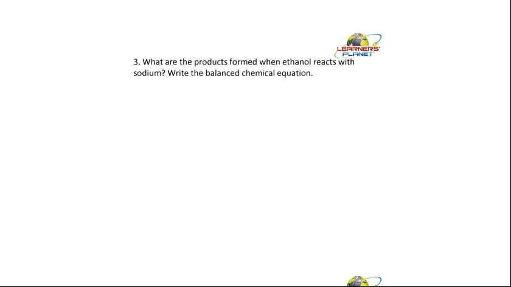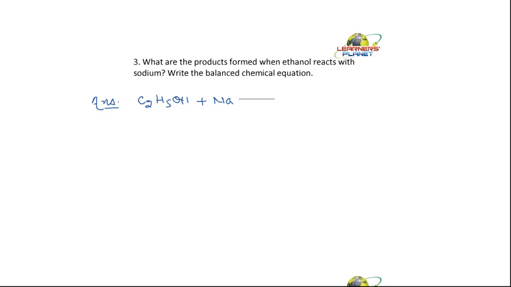What are the products formed when ethanol reacts with sodium? So what is the formula of ethanol? C2H5OH. It is reacting with sodium metal. Now what will happen?